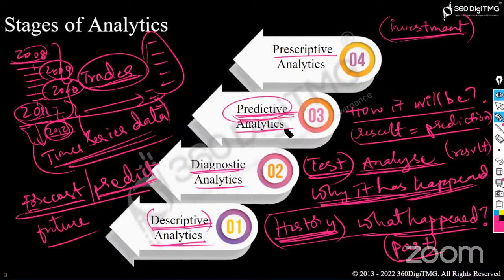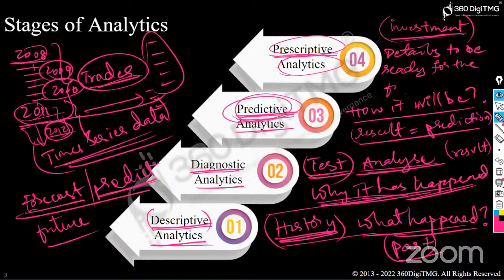So hence this step is predictive analytics. What is prescriptive analytics? When you are predicting, you may get a value and you can evaluate that. When you are evaluating that, you are fine tuning and preparing in advance. Or I can say the prescription is to be ready for the future changes.